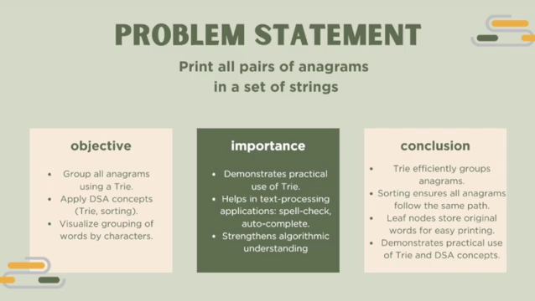Importance: the practical use of trees in text processing and word grouping helps understand real-world applications of a data structure. The conclusion is that the tree-based method is efficient, simple, and conceptually strong. It proves how data structures can solve real-world problems effectively.